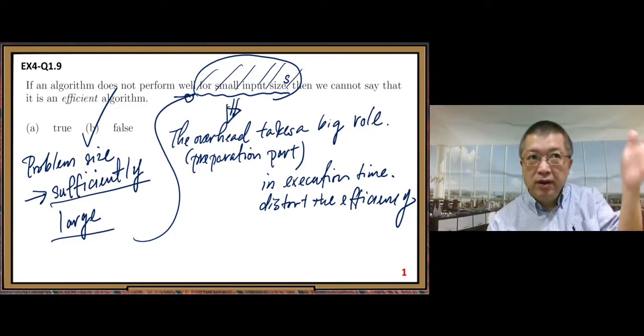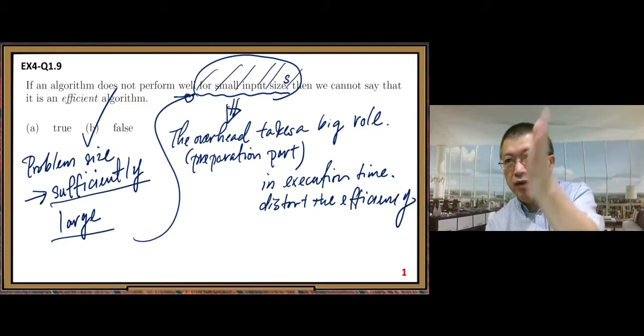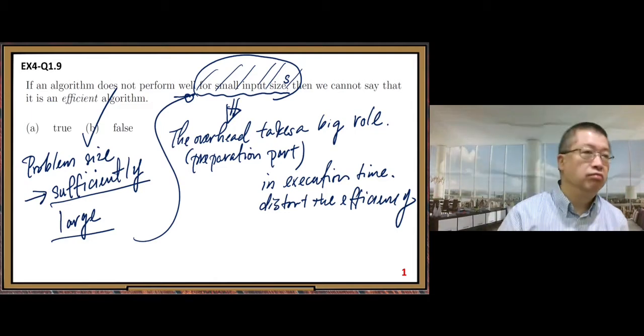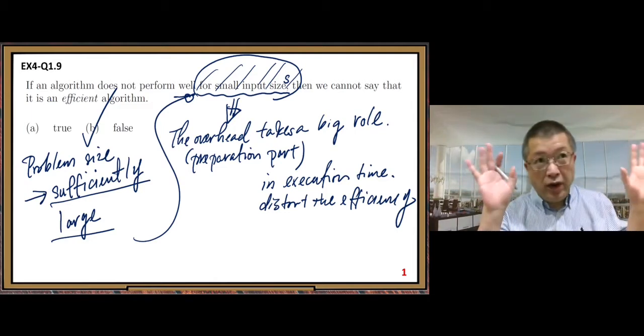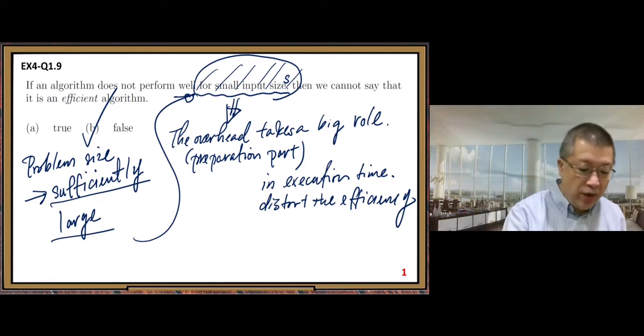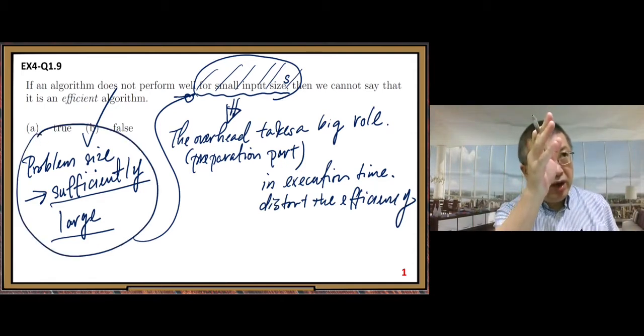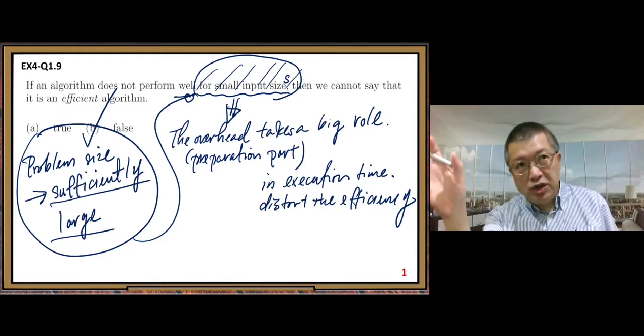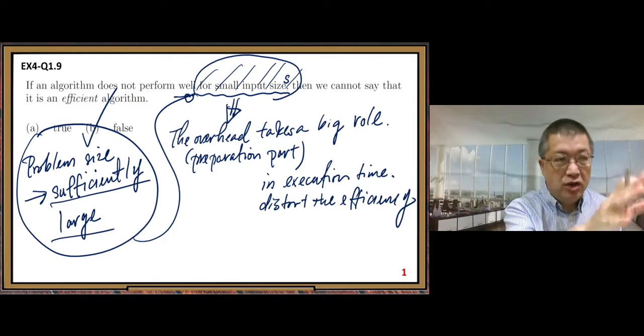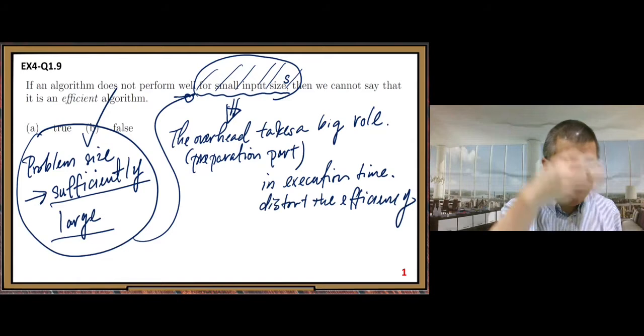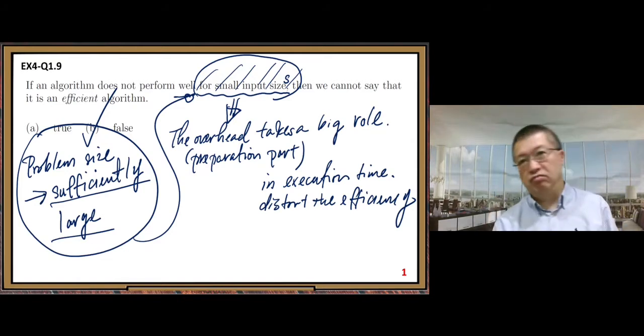That point can vary for different problems. But whatever it is, when we look at the efficiency, we should consider the problem size sufficiently large.